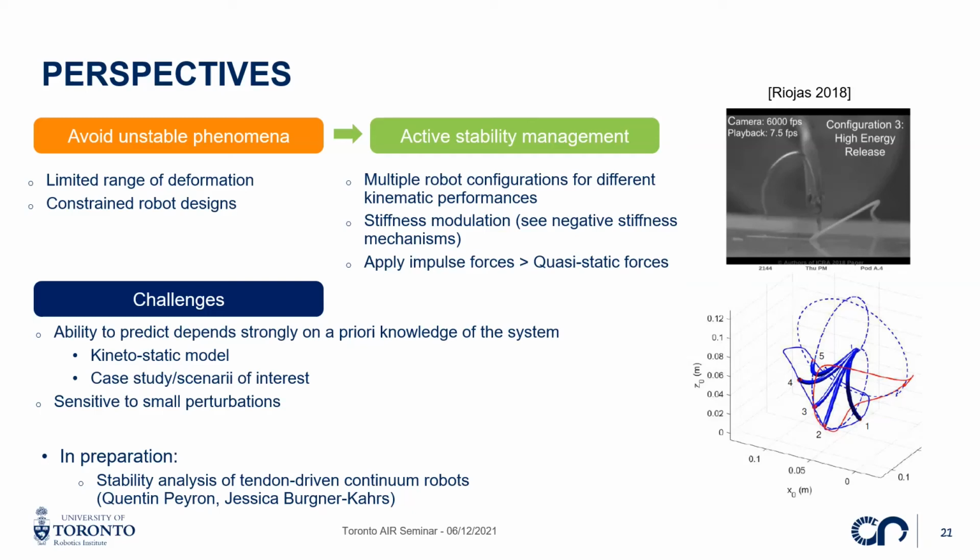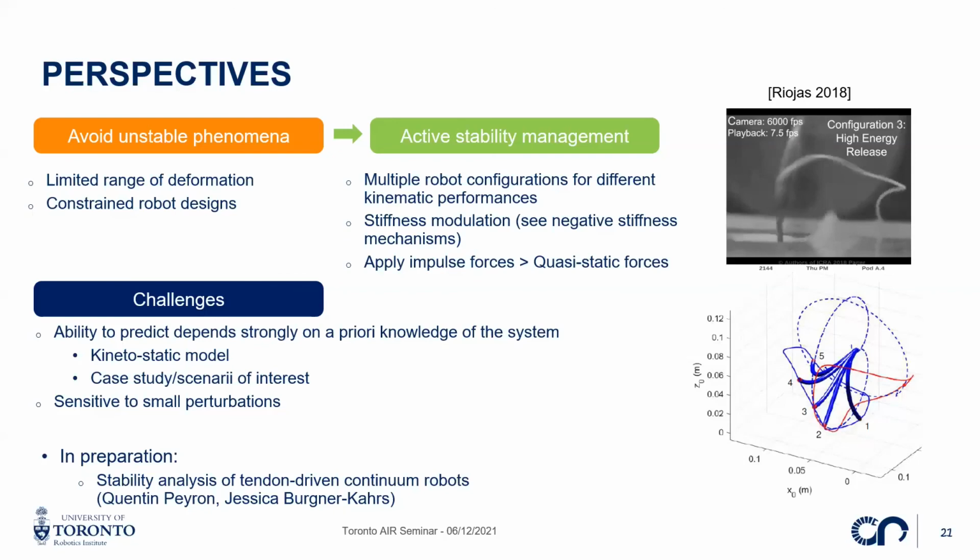We could also modulate the stiffness of these robots. And so this is something we can discuss later. It's quite longer to explain, but you could look at what we call negative stiffness mechanisms that exploit these elastic instabilities to modulate the stiffness. Or we could also apply impulse forces due to this sudden snapping to generate forces that are more important than the quasi-static forces.